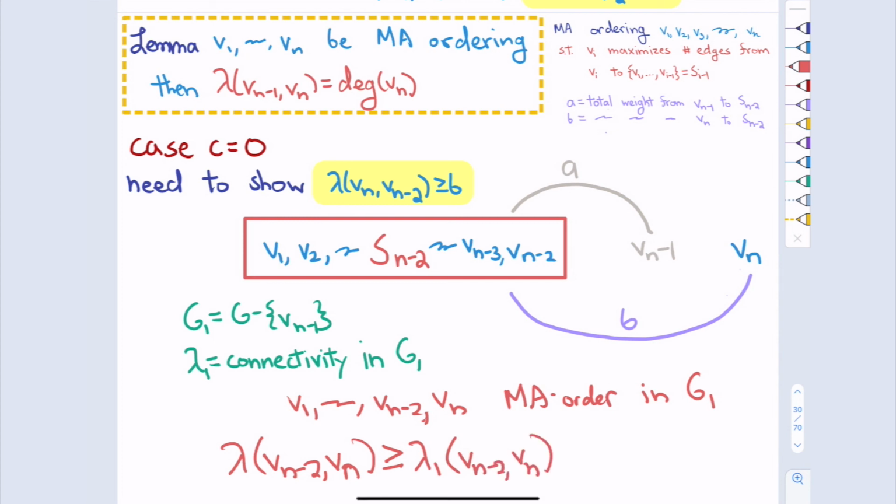And these two are, again, the last two vertices in that maximum adjacency ordering. So by induction, it's B.